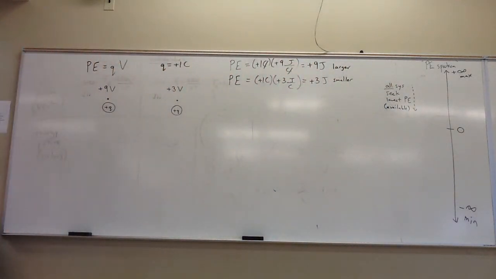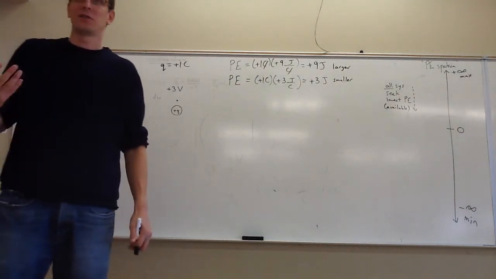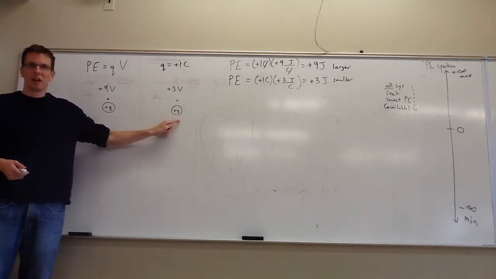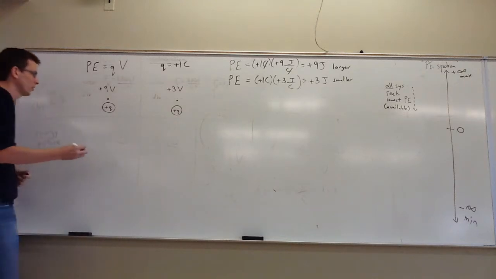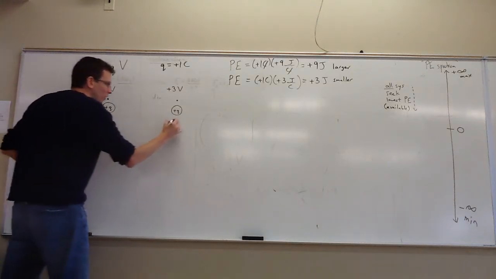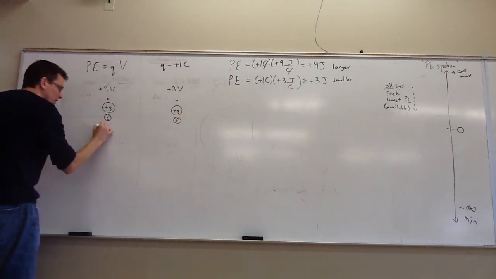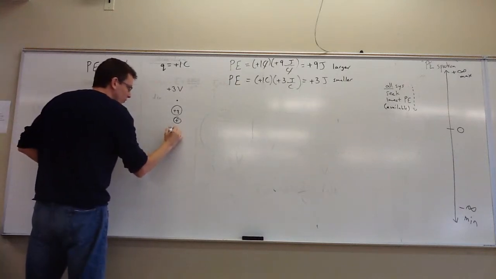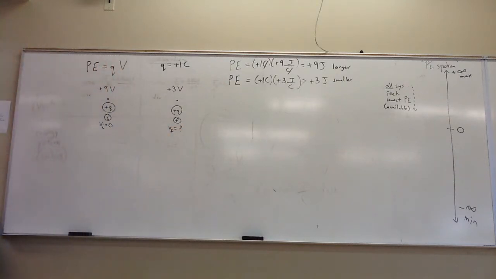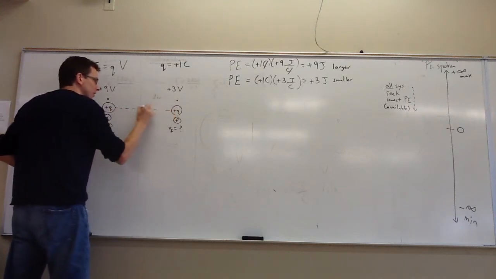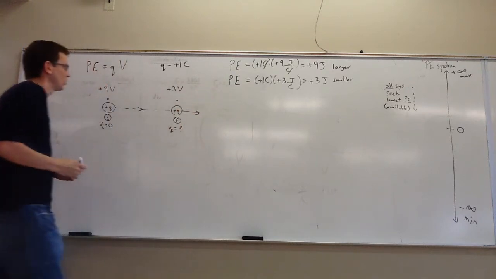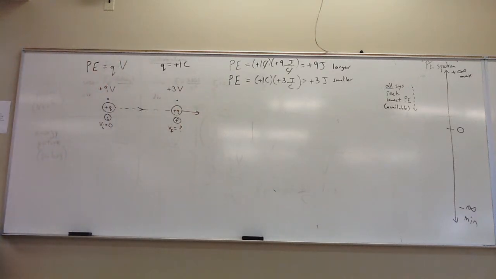So if we let this charge go from rest and didn't throw it, just like we could throw a ball up in the air and make it do something that it doesn't really want to do, but if we release it from rest, its natural progression would be to move from here to here, right? So let's call this the initial point, and call this the final point. I'm going to release the charge from rest here, and I'm going to ask what is its final speed when it arrives over here. So this positive charge has a natural progression to go from left to right.